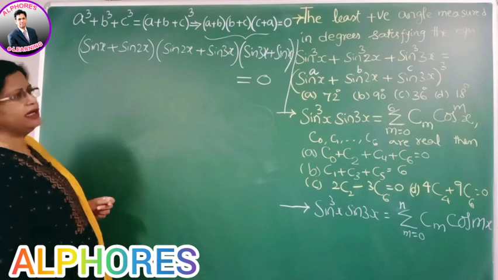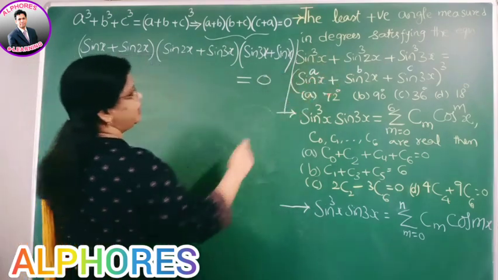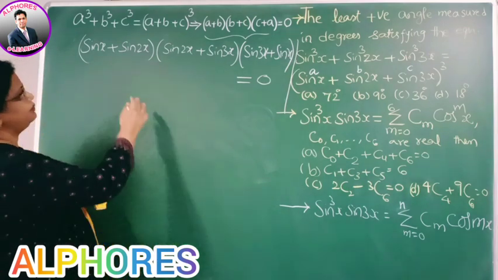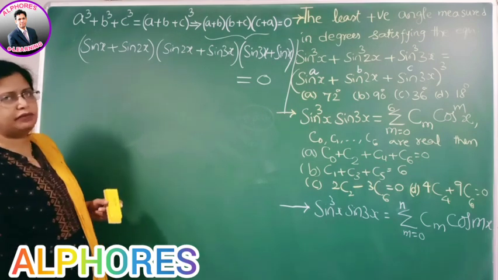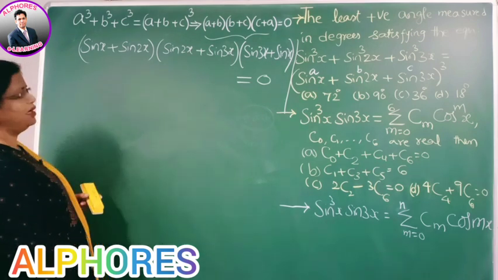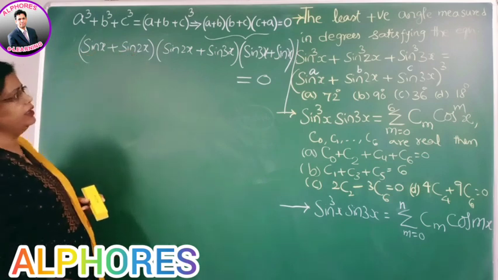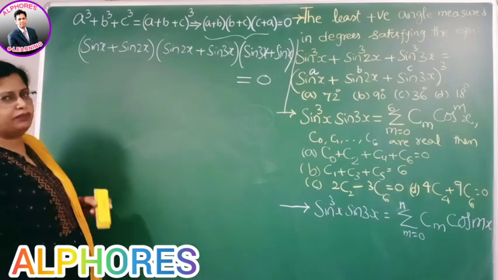Now after getting this, we want the x value. Solution of an equation means the variable is here x, it may be with a multiple angle or anything, but the variable is x, and therefore you want to get the x value. Then let us make use of our formulae. So what are our known formulae? Sin C plus sin D, right? In each of these three brackets, let us make use of that formula.